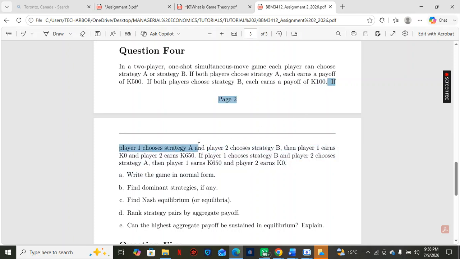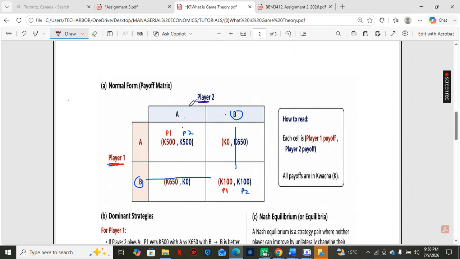If player 1 chooses strategy A and player 2 chooses strategy B, then player 1 earns 0 kwacha and player 2 earns 650 kwacha. So if player 1 chooses strategy A and player 2 chooses strategy B, we come here.